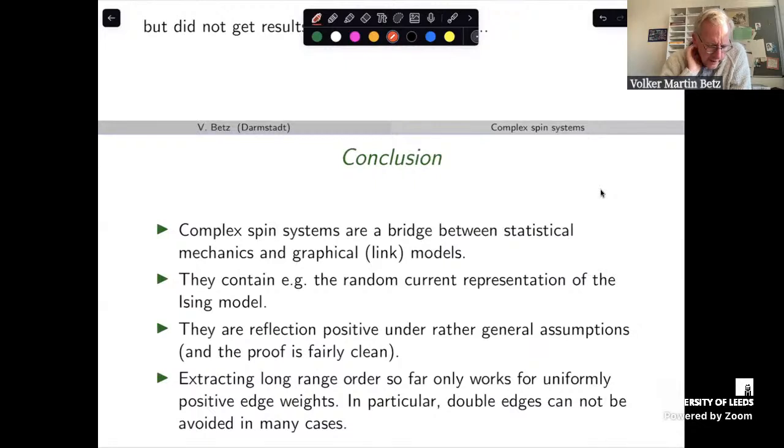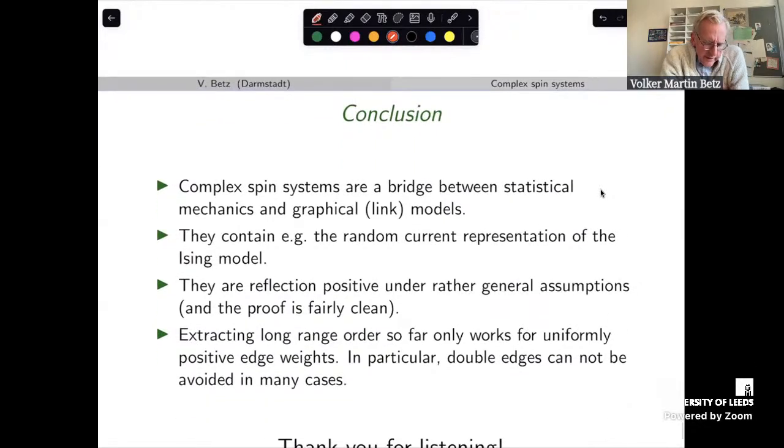So they come up here and there, but I think it's worthwhile doing them a bit systematically, because by this moment picture, so what are the moments of this complex measure, you can relatively easily construct all sorts of funny link models which come out of this system.